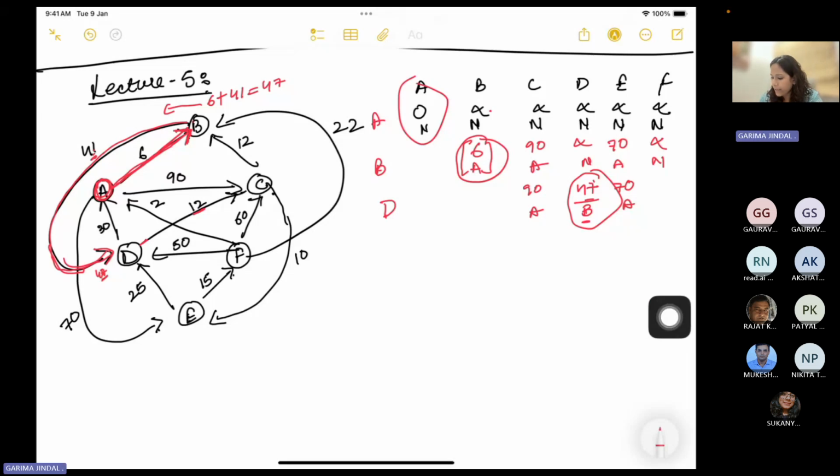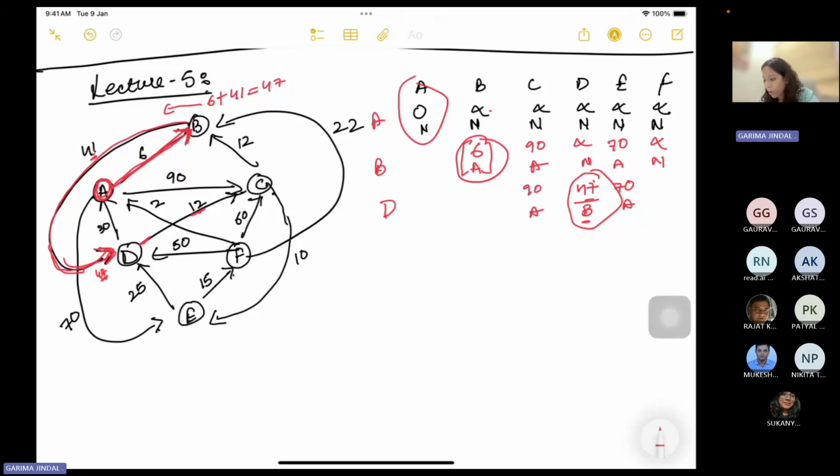So we have selected D to be traversed. Now from D we are calculating. From D there's only one outgoing edge and that is to C. So now we will see the cost to reach C. The cost will be 47 plus 12, that will be 59.